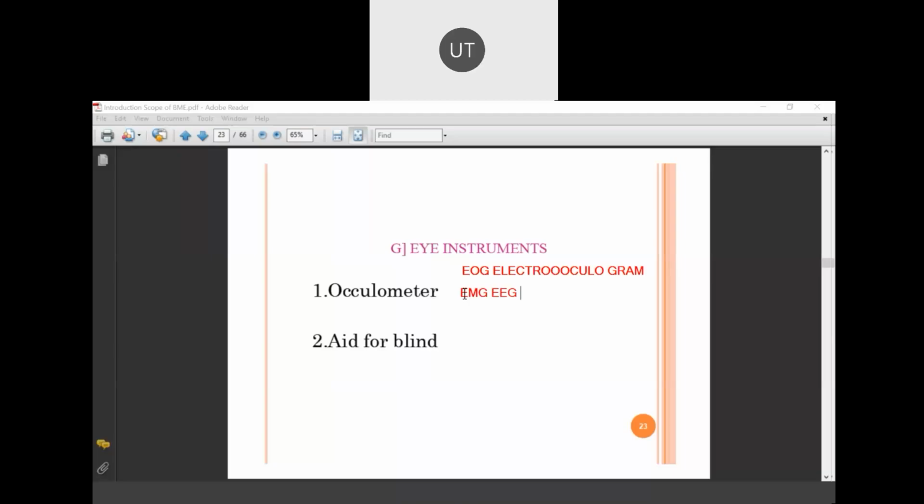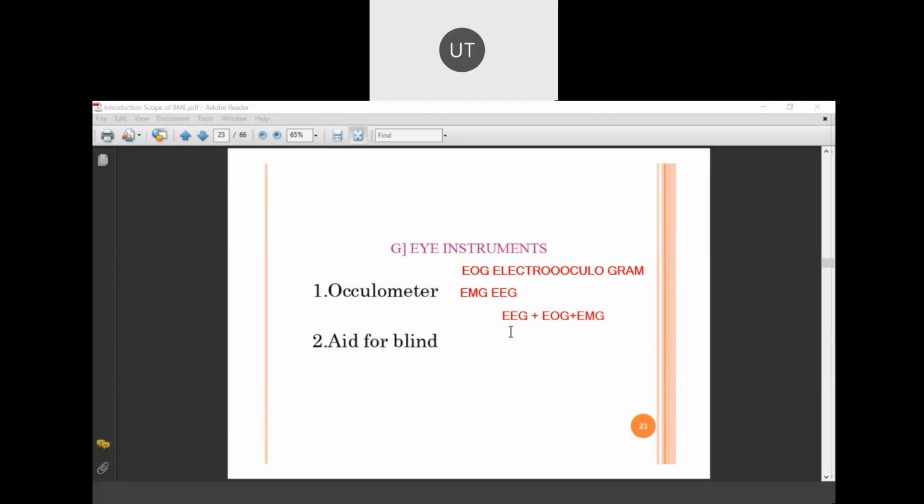So see here, whatever subjects you have studied, maybe you have studied signals and systems and digital signal processing. Whenever you want to find out the signal, if you are interested in the EEG signal, that EEG signal won't come standalone. This signal comes in combination with the EOG and EMG.